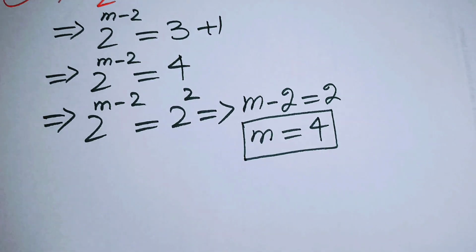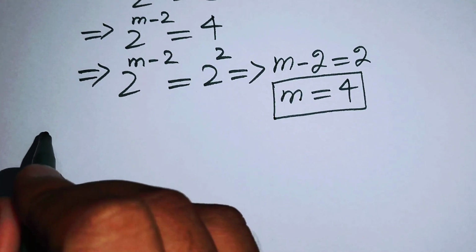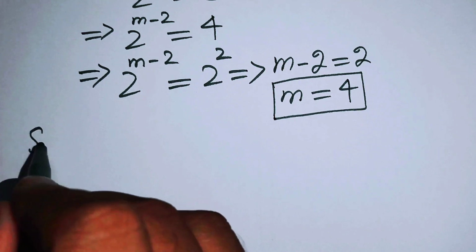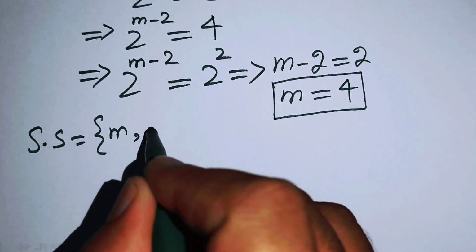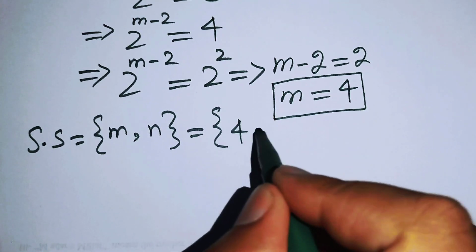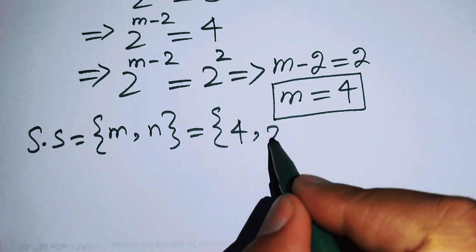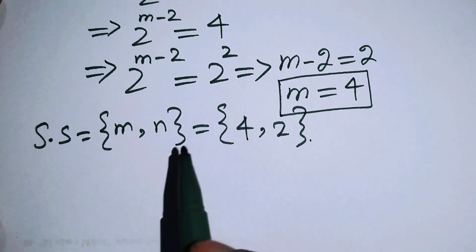So this is the value of m, and finally we can say that the solution set of this problem is the values of m and n, where the value of m is 4 and the value of n is 2. So this is our solution set, and this is our final answer.